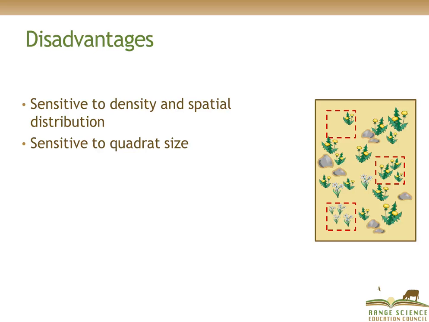We may need to make some adjustment to quadrat size, and in that case that takes a special approach to documenting that we've changed quadrat sizes in order to be able to use those data for comparative purposes. As I just said, different size quadrats may be needed if there's a change over time, or for different species, we may need different size quadrats.